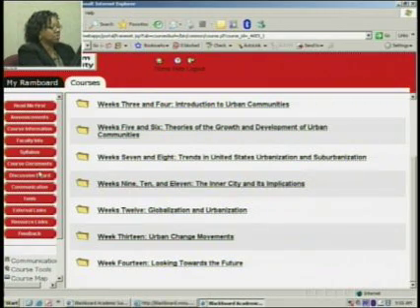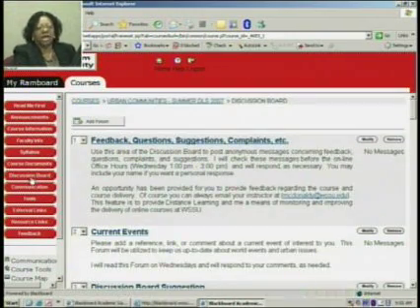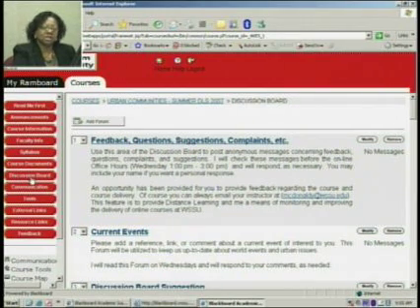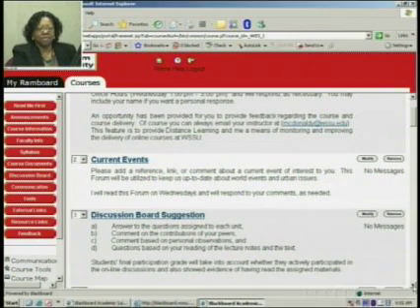Now, your discussion boards are very important as well. Each week, or most weeks, you will have a discussion board, and you'll have the paper to write. So it's, as I said, a writing intensive course. You'll see the first link on the discussion board is the feedback, questions, suggestions, and complaints link. As I said, you can submit anonymously or you can submit with your name, and I will answer those questions or comments.